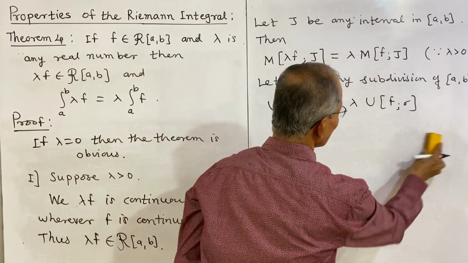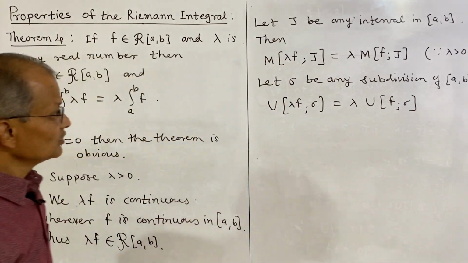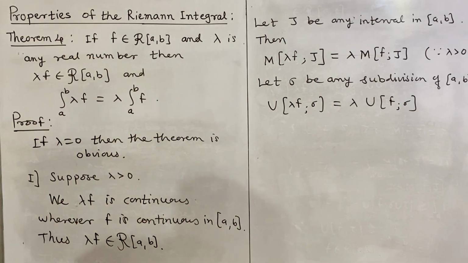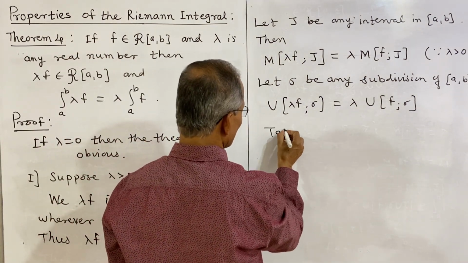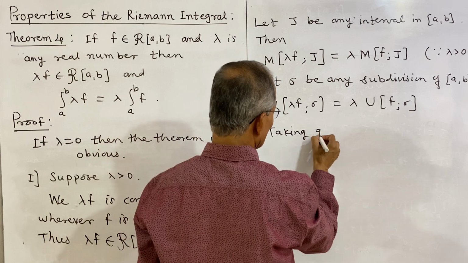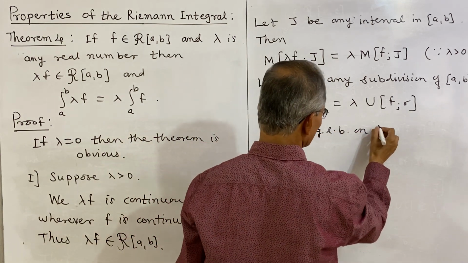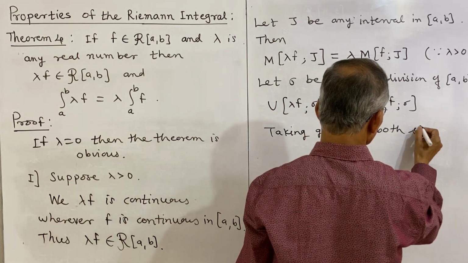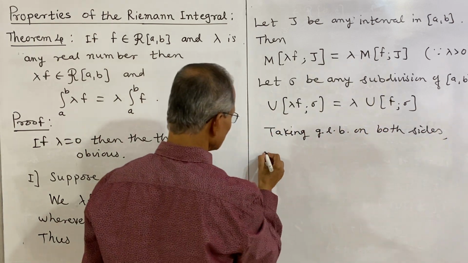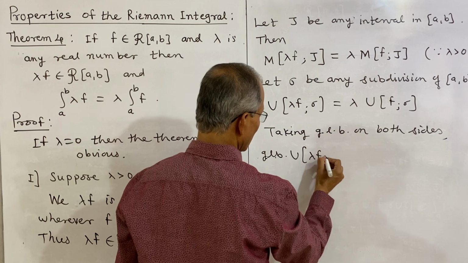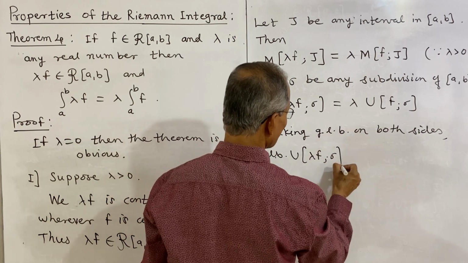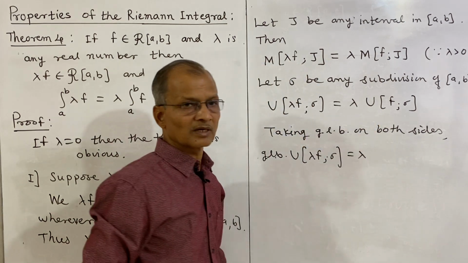And thus now we can consider the GLB on both sides, and therefore this implies taking GLB on both sides. We can write this as the GLB of the upper sum of lambda f over sigma is equal to lambda, since lambda is constant, it will remain the same.